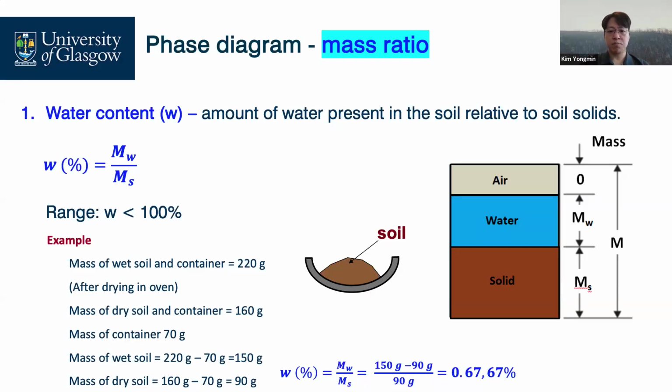It is usually expressed as a percentage. Say the soil has 0 water content, the soil is in dry conditions. The water content should be less than 100%. Can it be equal or exceed 100%? Mostly impossible.